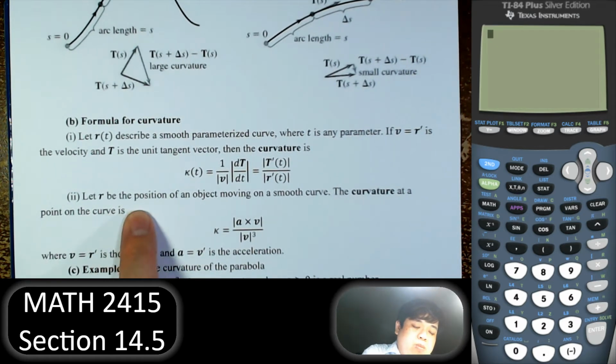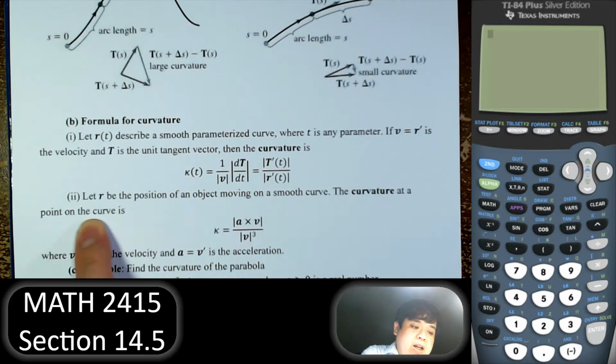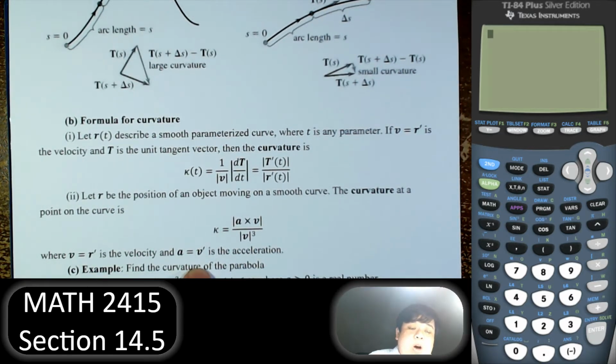Let R be the position vector of a parameterized curve. The curvature at a point on the curve is given by that. And we have, of course, velocity and acceleration. So probably we will use this one because we just need to find acceleration and velocity, do a cross product, and then we'll go from there, right?